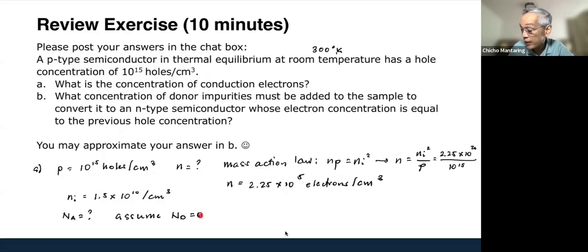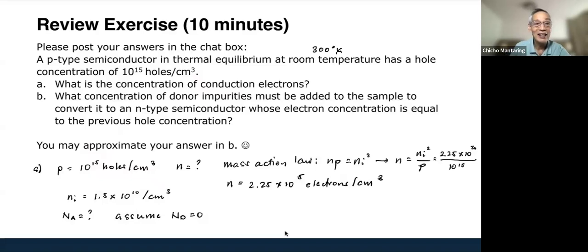But let's assume that Nd is equal to 0. What is the value of Na? Anyone? Use your intuition. Or you can make an approximation. If you were to make an approximation, ano value ng Na? Anyone? Or more approximately 10 to the 15.